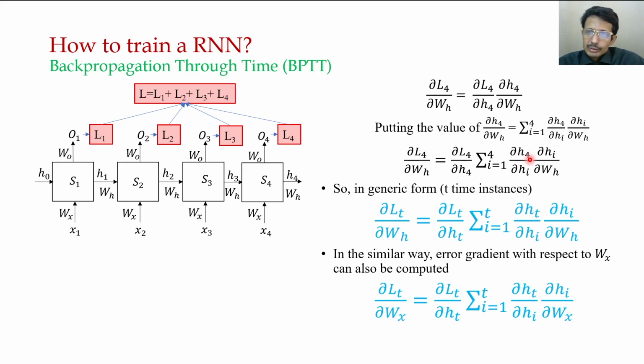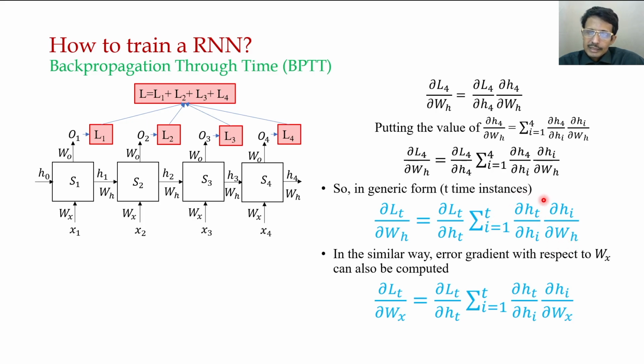Now this 4, if you put it as T for generic terms, then it becomes del LT by del WH, where the sum is from i equals 1 to T. You can put capital T also, it's not an issue.